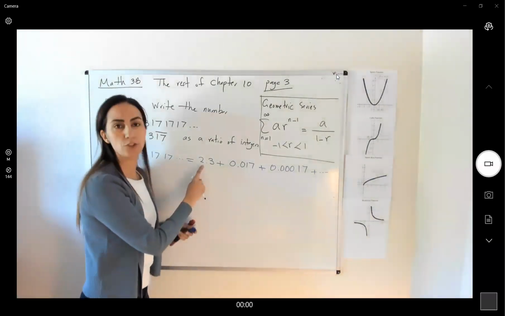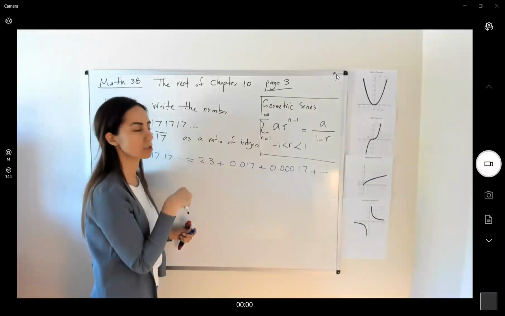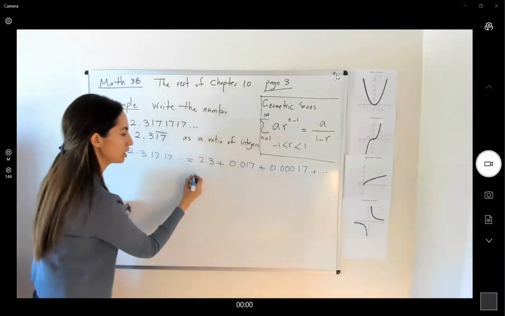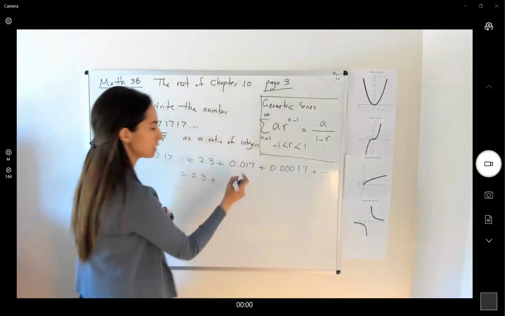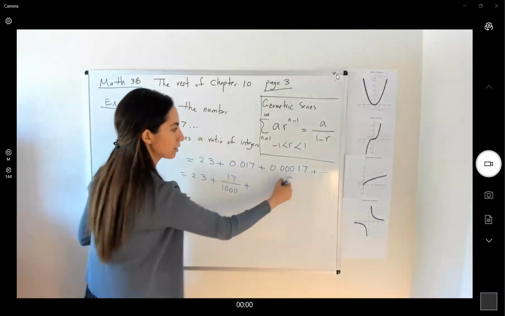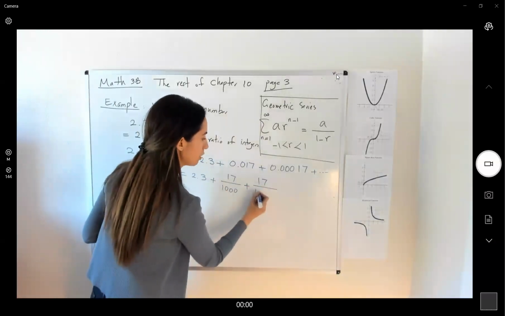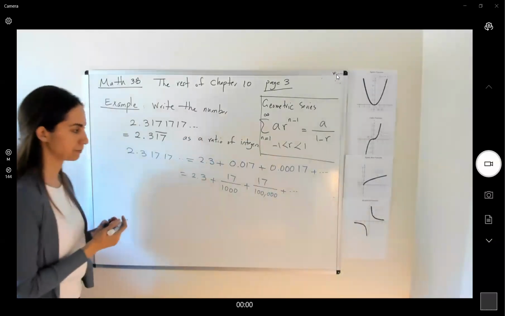I'm not sure if I can do anything with the first term, 2.3, so I'm going to just copy it down here. So I have 2.3 plus, this guy is 17 divided by 1,000, this guy is 17 divided by 100,000, and the rest of them.